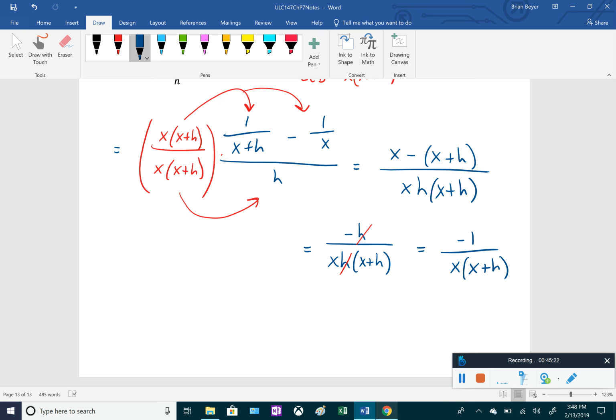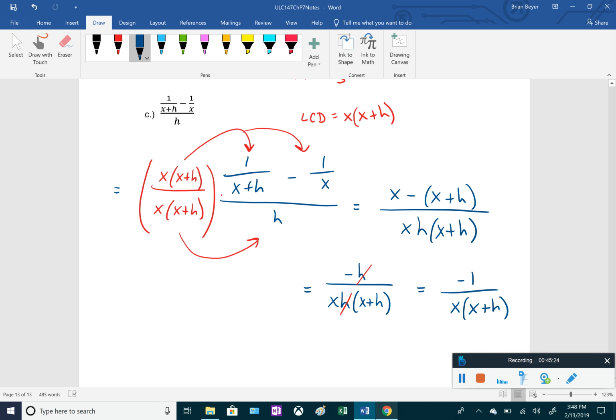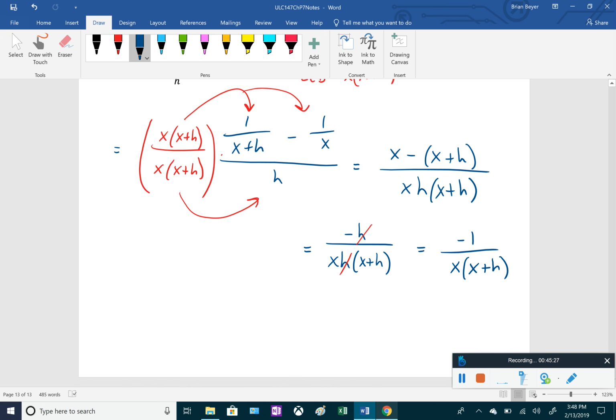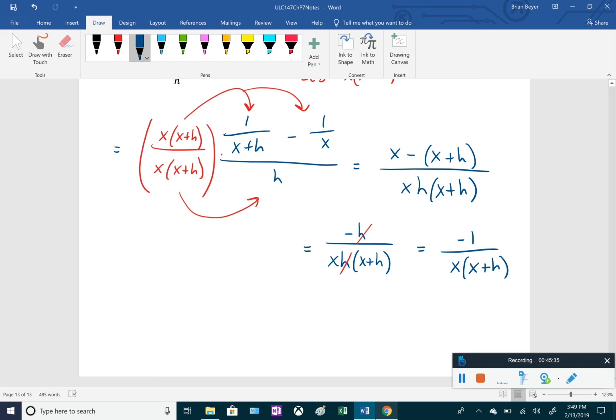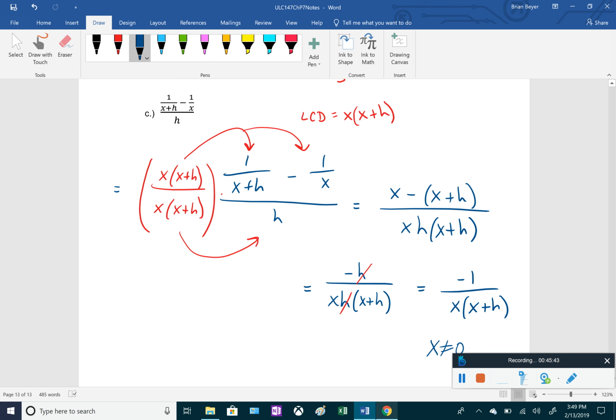The values we have to omit are going to be a little confusing, because we don't have numbers, we have two variables. So clearly the x can't be 0, right? So x cannot be 0. Also, h cannot be 0, because that would make that original big denominator 0.